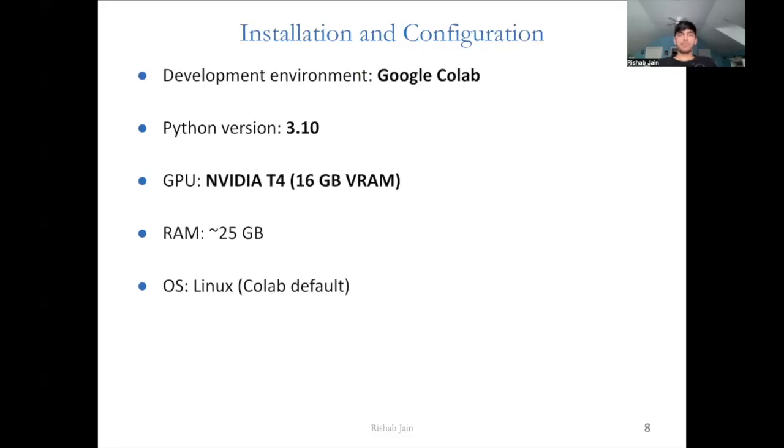For the install and configuration, I used Google Colab, which had Python version 3.1. The GPU on it was the NVIDIA T4 with 16 gigabytes of VRAM, with a RAM of about 25 gigs. And then the operating system was Linux, which is the Google Colab default.